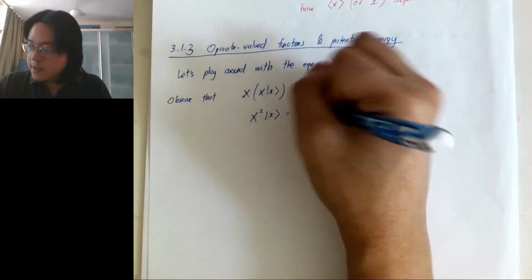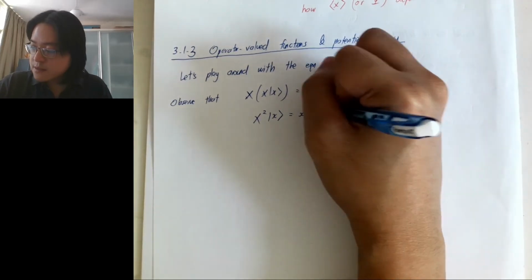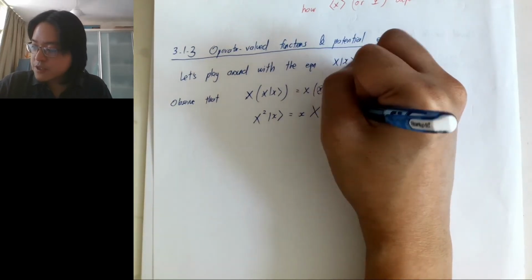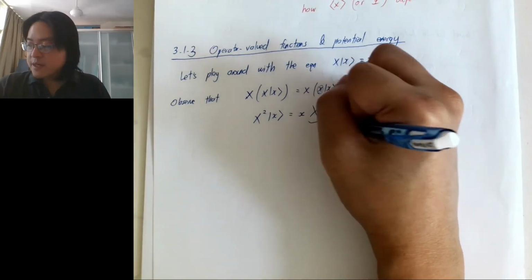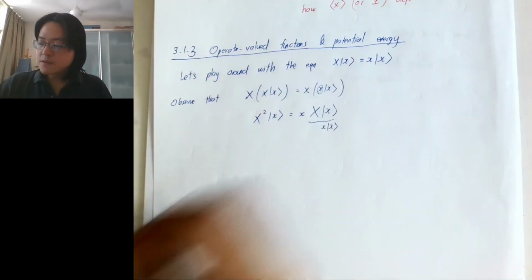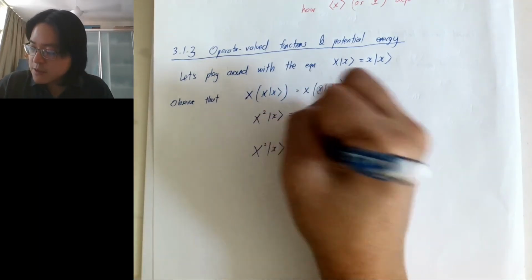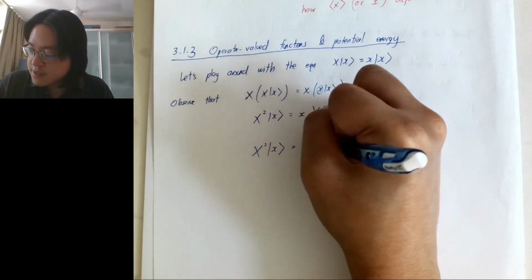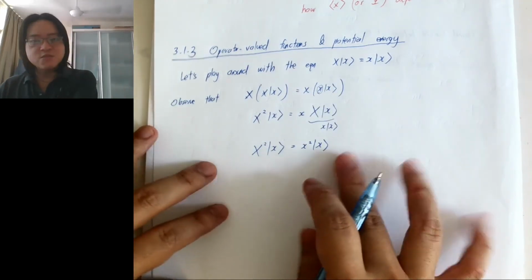Then this little x is a scalar number, and a scalar number we can always push to the front. But this one will just give me a scalar number times x again. So what we have here is operator x twice, and it will just give you the eigenvalue twice. I think this is no problem, right? This one is quite easy to understand.